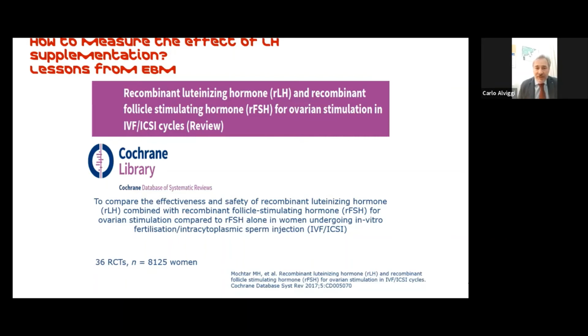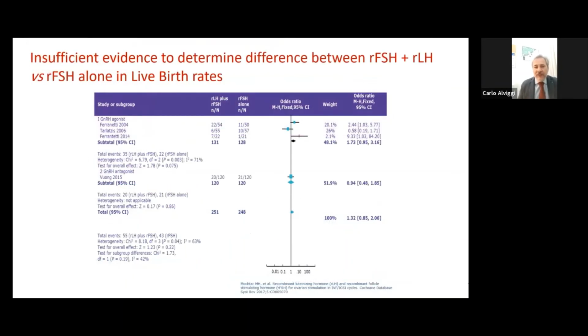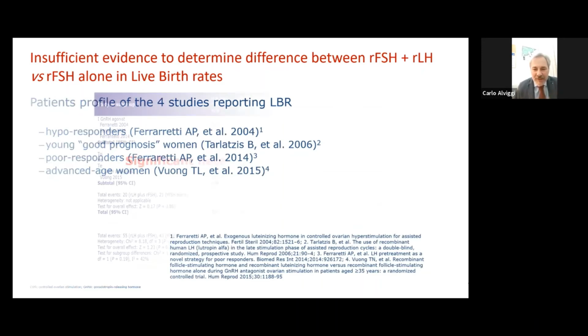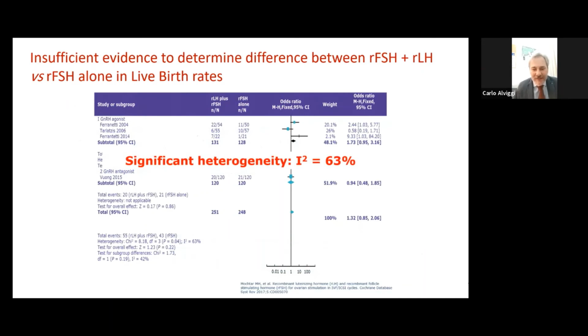What was the conclusion? The conclusion is that we cannot prove that FSH plus LH is better than FSH monotherapy. Why? Because there is not sufficient evidence in live birth rate. But let me tell you something. If you go to the previous slide, live birth rate is reported in only 500 cycles, out of 8,000 cycles that could be analyzed.